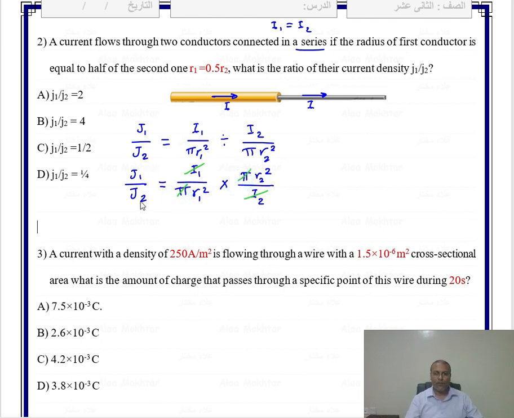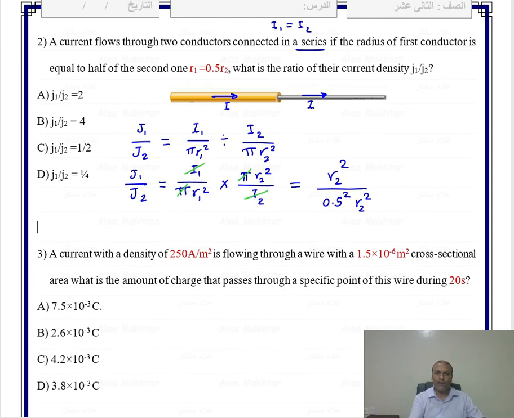Now J1 over J2 equals R2 squared over R1 squared. It means R2 squared over, R1 is 0.5 R2, so 0.5 R2 squared. I remove R1 and write 0.5 R2, so that 0.5 will be squared and R2 squared also.